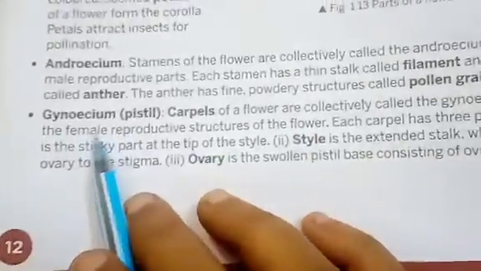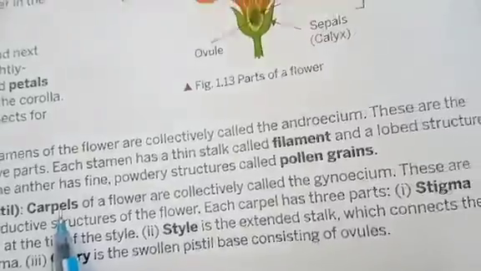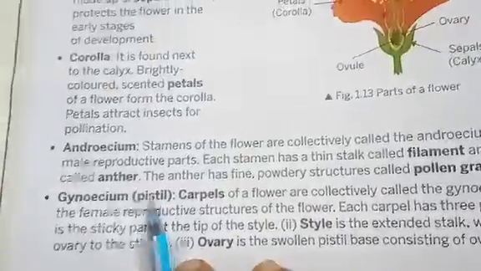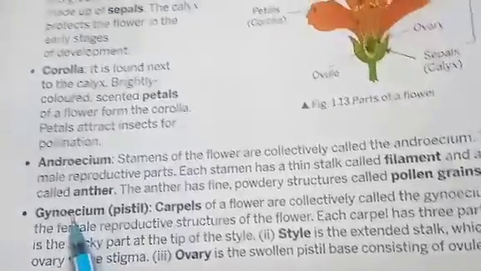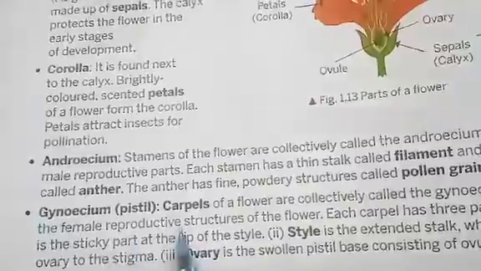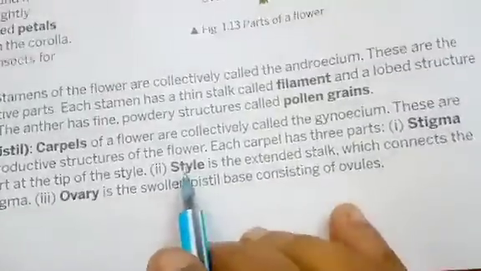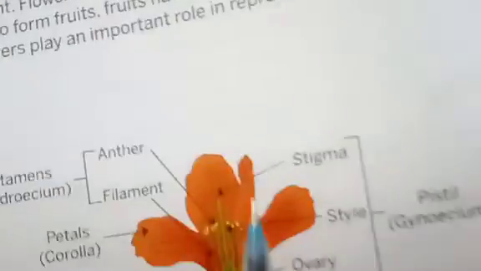Coming to gynoecium, its collective term, this individual is carpel, collective term carpel or pistil, anything you can say. Collective term is gynoecium, and it is the female reproductive part. This is the innermost part of the flower. And what does a carpel consist of? Stigma, style and ovary. See the diagram, children.